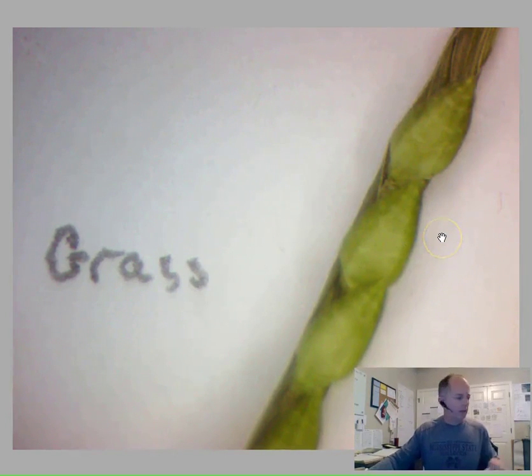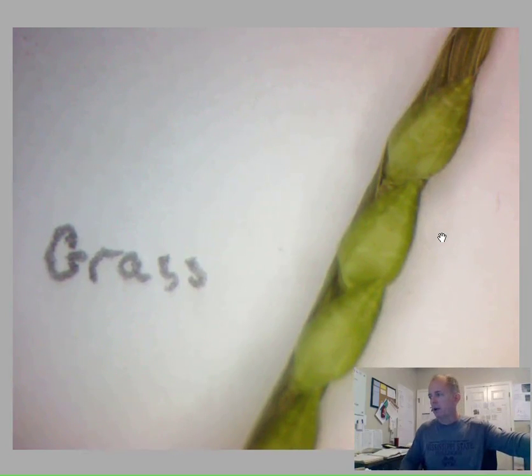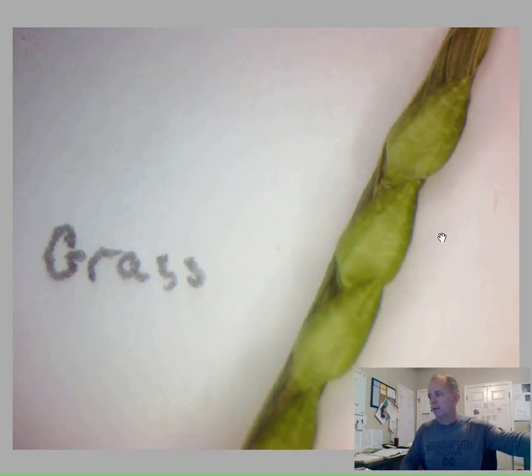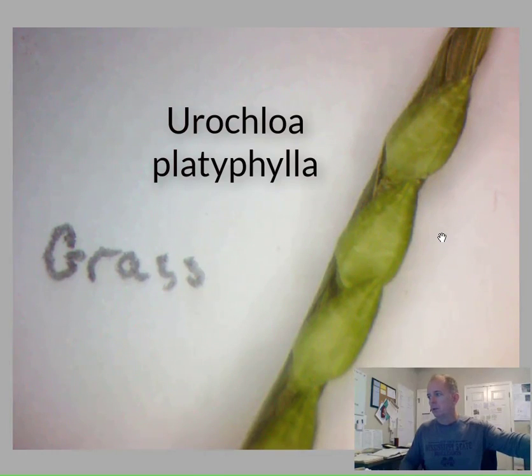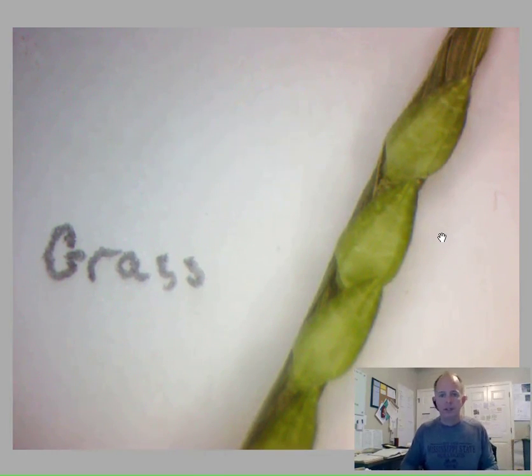This is the one that we identified as Brachyaria, or I think Urochloa is the more up-to-date name. And here there are 3 florets. If you'll recall, each floret consisted of 2 glumes.